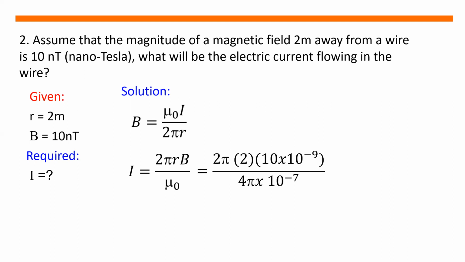Then we substitute the given values: 2 pi times 2, which is the distance, multiplied by the magnetic field of 10 times 10 to the negative 9, equivalent to nanotesla, all over the permeability of free space, which is 4 pi times 10 to the negative 7. We will get the current as equal to 100 milliampere.